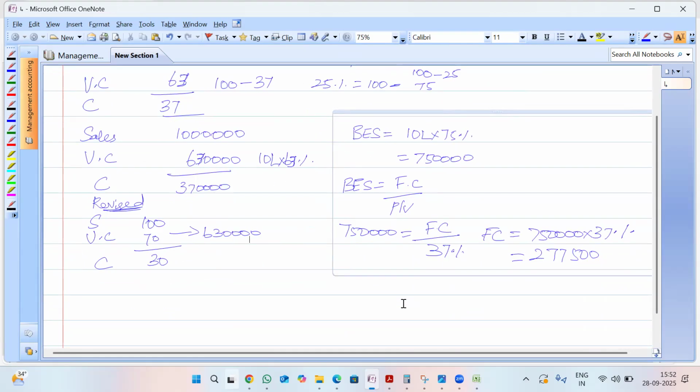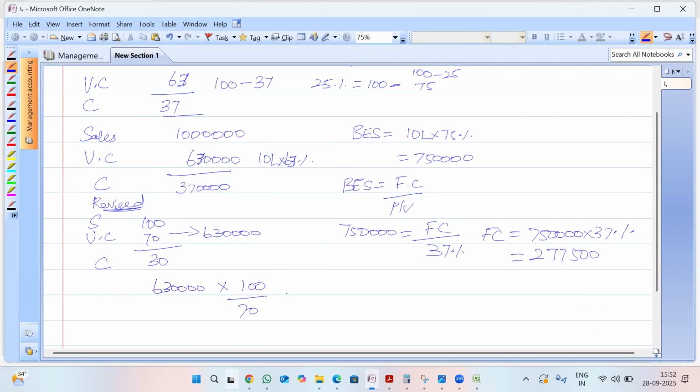So the 6,30,000 is for 70 percentage. Now I can easily calculate what will be for 100 percentage. That is just a cross multiplication, 6,30,000 into 100 by 70. So I will be getting 9 lakhs. So this is my revised sales, right? So my revised sales made very easy.